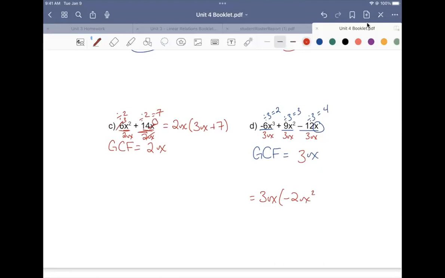If I then do positive 9 divided by 3, I will get positive 3. x squared divided by x is going to give me just x. And then negative 12x divided by 3x, both x's go away. Negative 12 divided by 3 is going to give me negative 4. So my factored form is 3x times negative 2x squared plus 3x minus 4.